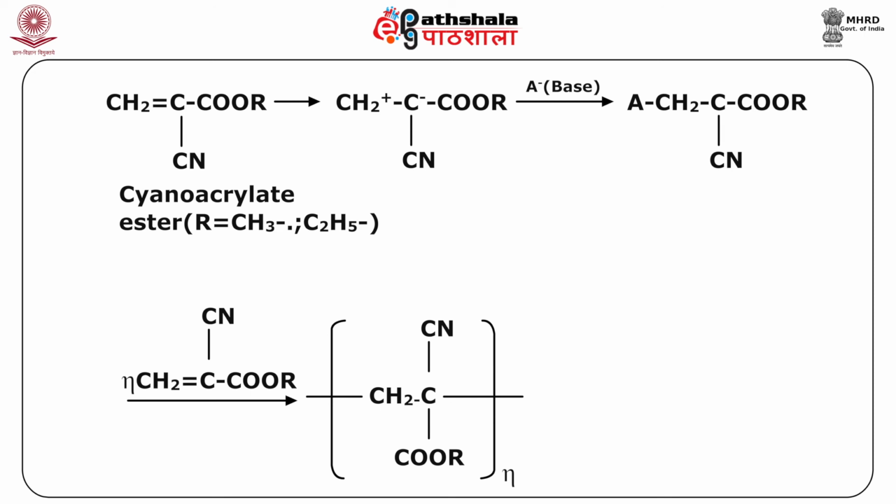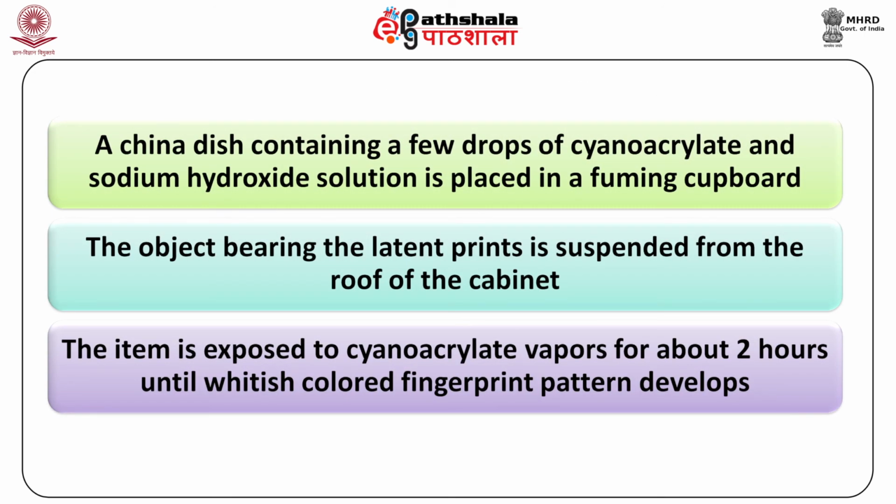The mechanism leading to the polymerization is depicted. You see, a china dish containing a few drops of cyanoacrylate and sodium hydroxide solution is placed in a fuming cupboard. The object bearing the latent prints is suspended from the roof of the cabinet. The item is exposed to cyanoacrylate vapors for about 2 hours until a whitish colored fingerprint pattern develops.